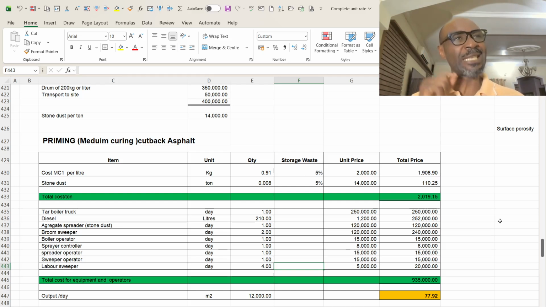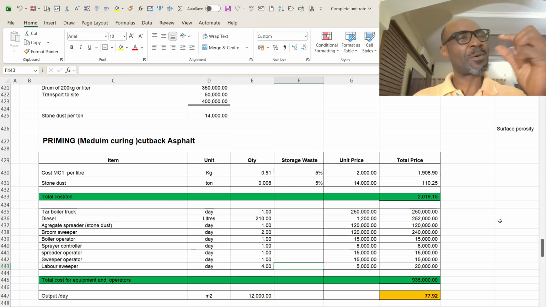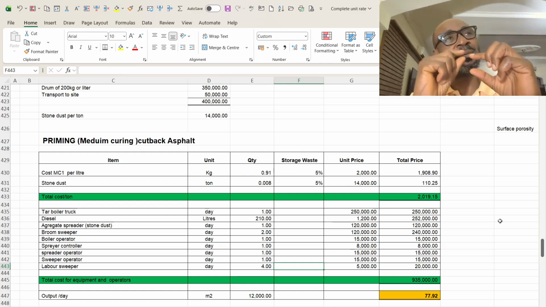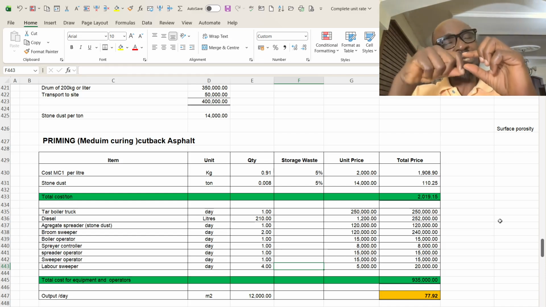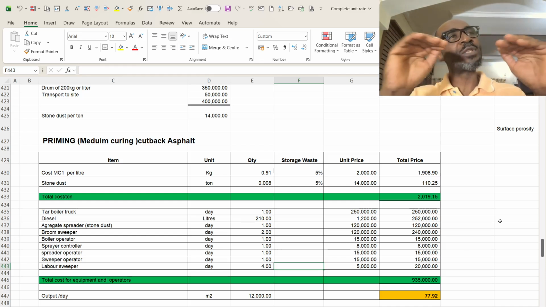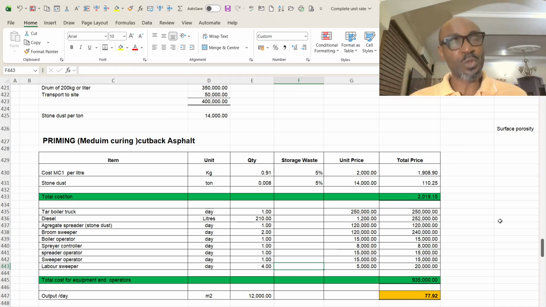That is why it is jet sprayed, in the sense that it is forced into penetration to a depth of about say 10 millimeters, and that 10 millimeters that it goes into the base course forms a barrier for upward movement of water or moisture.